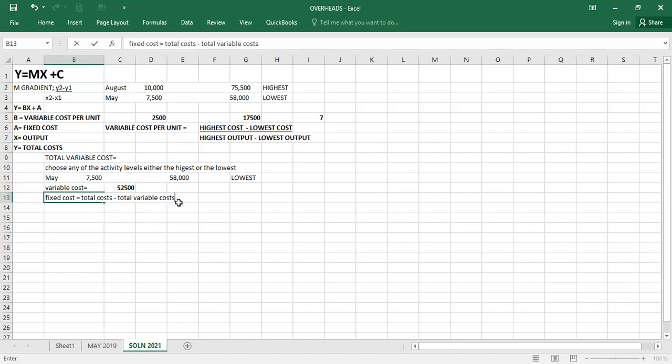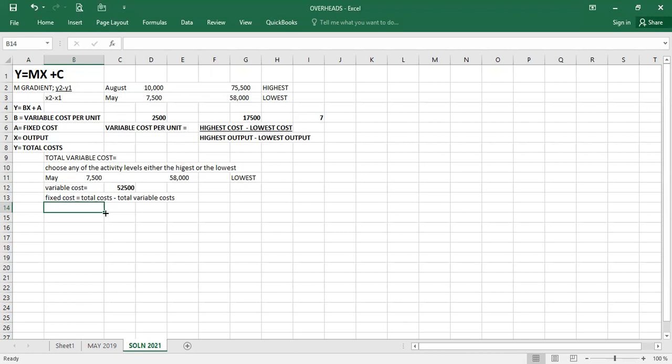Remember this, within a relevant range, and our relevant range is here, the level of output which they gave us. So when you compare from our lowest activity level we chose, the total cost is 58,000. Then the total variable cost is this 52,500.